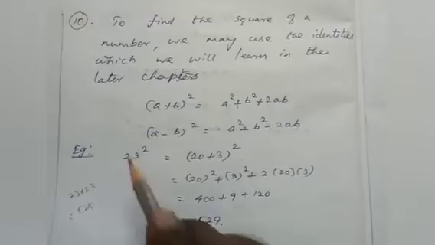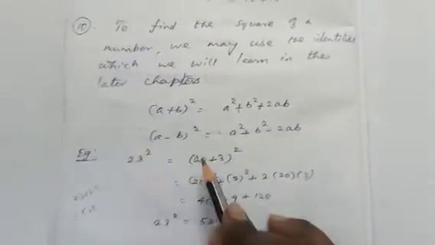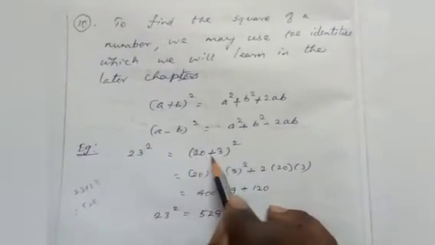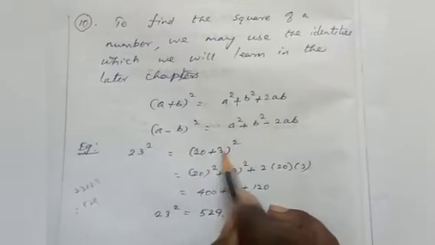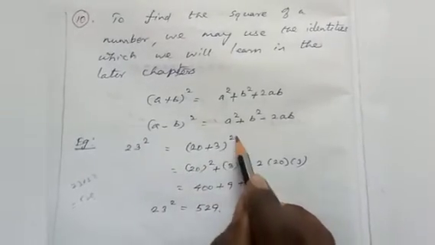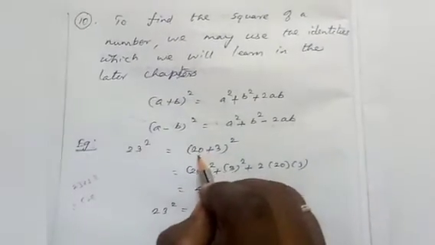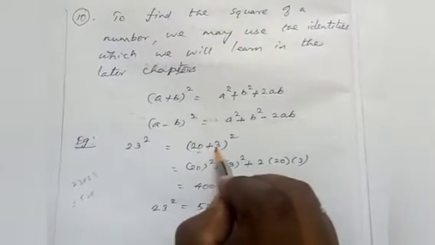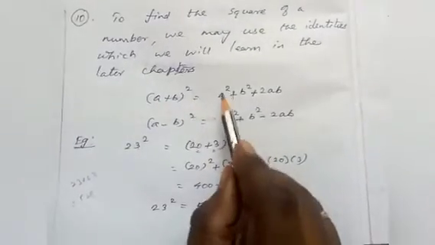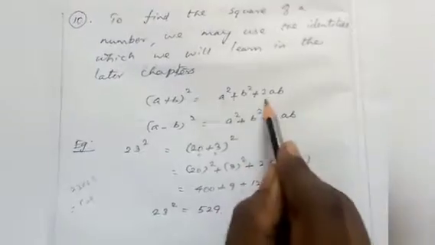Using this identity, 23 squared we write as (20 plus 3) the whole square, since the nearest is 20. Take this as a, this as b. So (a plus b) the whole square is a squared plus b squared plus 2ab.